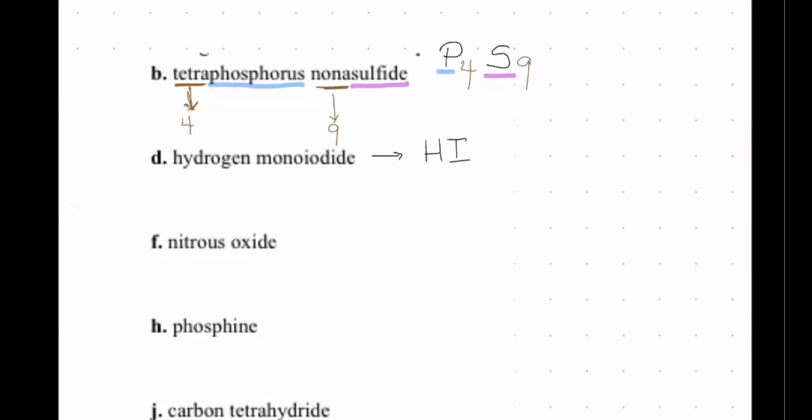Let me just use my highlighter tool. Hydrogen is right here. There's no prefix if you only have one hydrogen. Iodide represents iodine, and mono says that there's one.